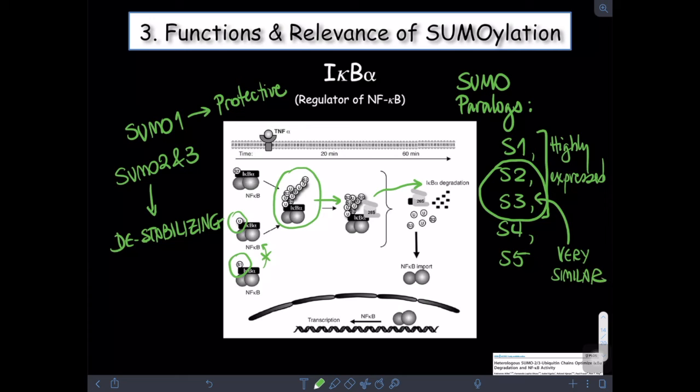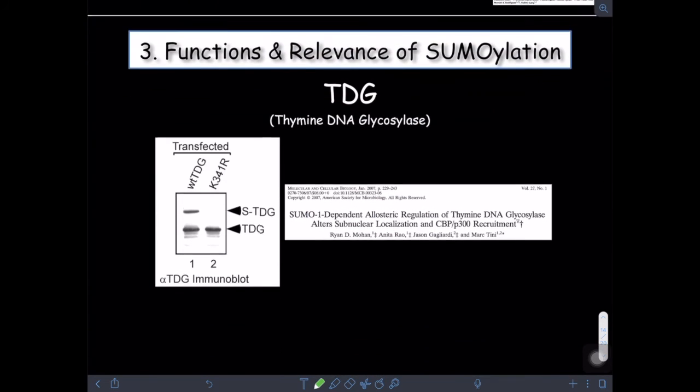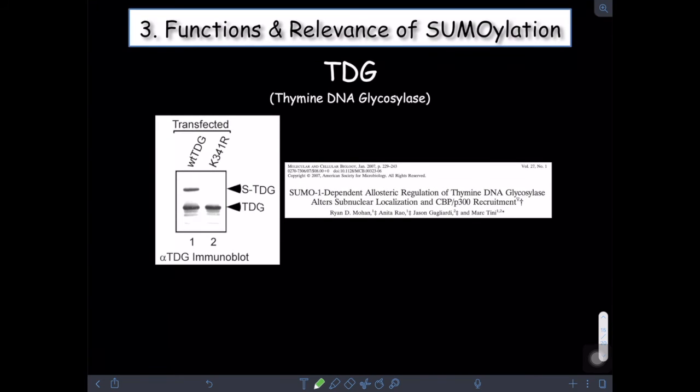The third example of protein SUMOylation deals with TDG, thymine DNA glycosylase, which is the first enzyme involved in base excision repair, a type of DNA repair mechanism that eliminates uracil residues produced by deamination events in DNA.